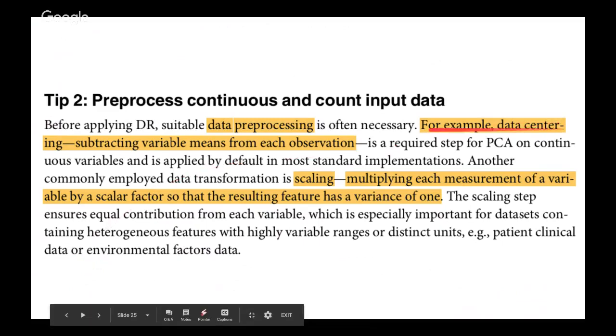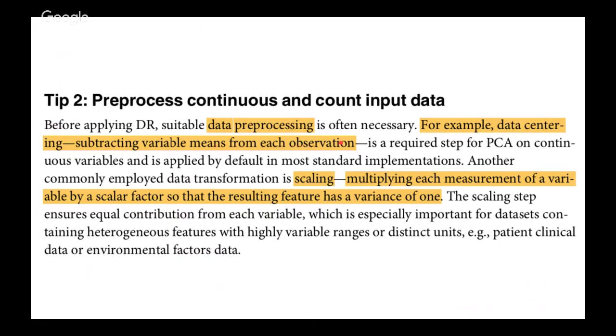Data centering is subtracting variable means from each observation, and it's quite often applied as a standard implementation in the preprocessing of data. Scaling, multiplying each measurement of a variable by a scalar factor so that the resulting feature has a variance of 1, is also a very common technique.